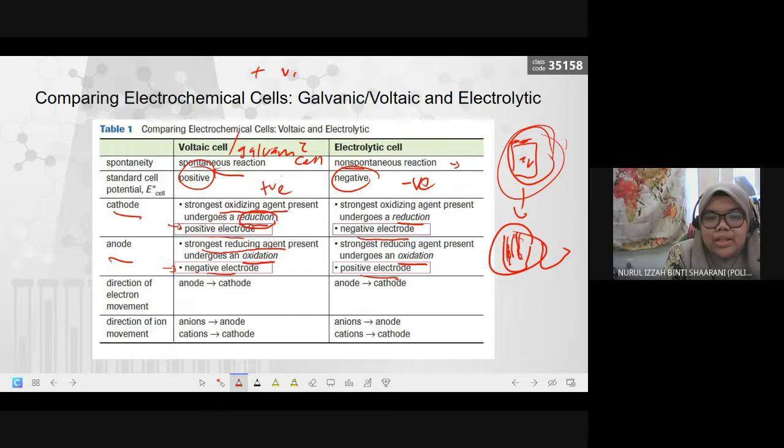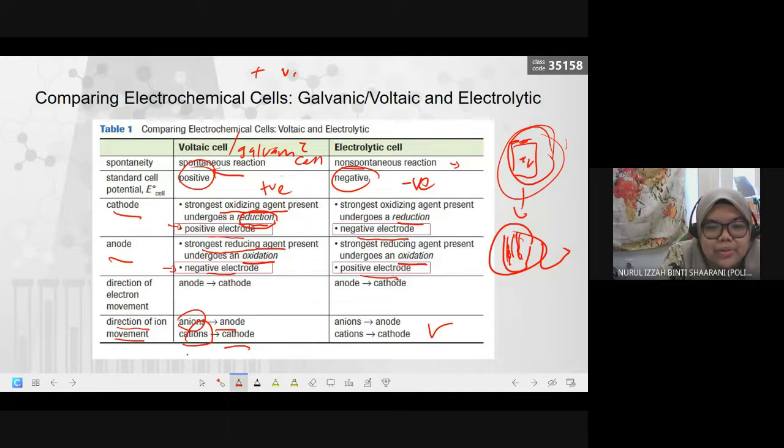Okay, so because kalau you fikir lagi nanti you akan keliru lah, sebabnya dekat sini for the direction of ion movement, anion will go to anode, cation will go to cathode. So same goes with the electrolytic cell. Okay, so kalau kita fikir positive, negative terminal tu is a charge, dia akan jadi masalah kat sini.